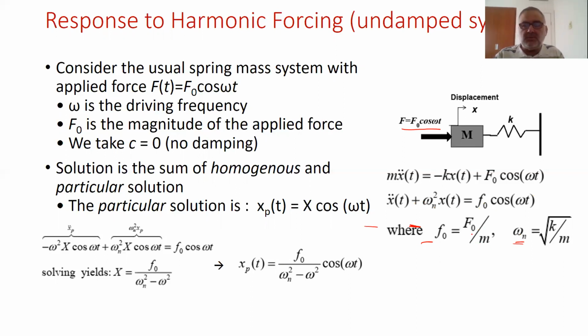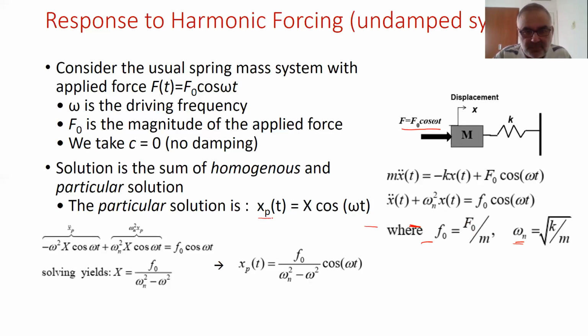Now we want the general solution, but let's start from the particular solution of this differential equation. As we know, in differential equations, the solution is the sum of the homogeneous and particular solutions. We will assume a solution of this kind.